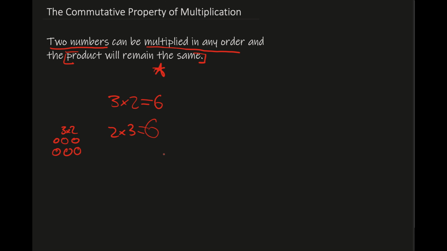Yes, let's check. 2 times 3. Now let's count. 1, 2, 3, 4, 5, 6. And you still got 6. So the product will remain the same. That's the important part. Does 6 equal 6? Yes. So that's the commutative property.